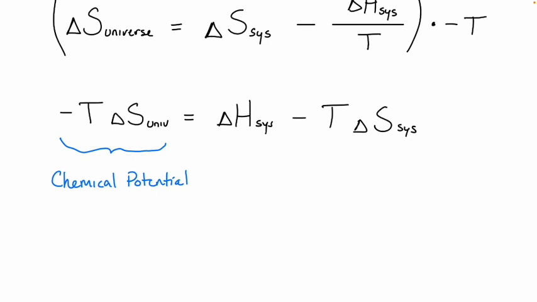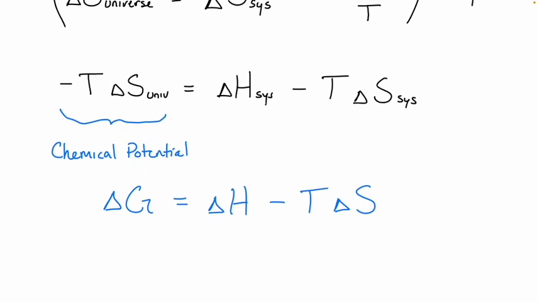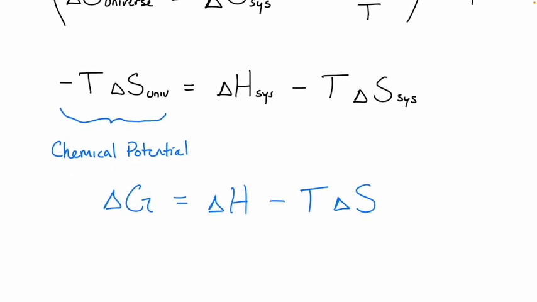This is going to be delta G. Delta G is equal to delta H minus T delta S. All right, so this is our chemical potential.